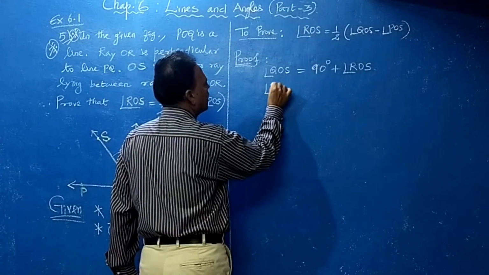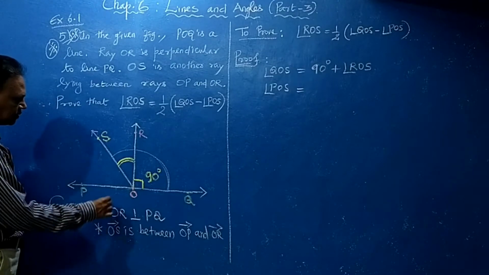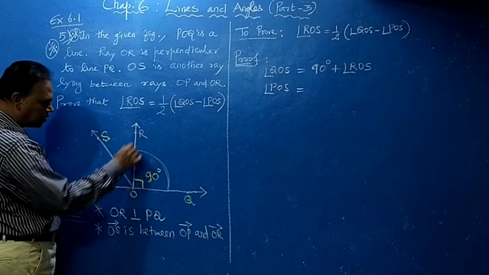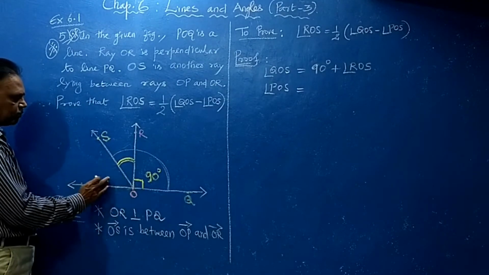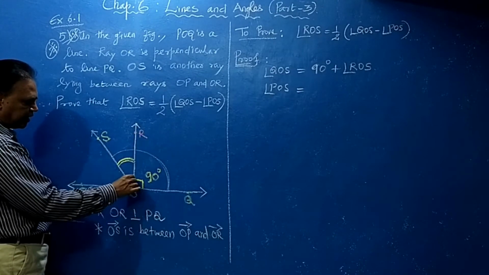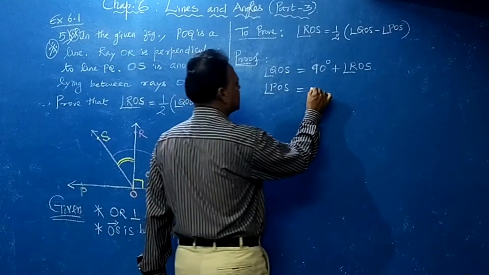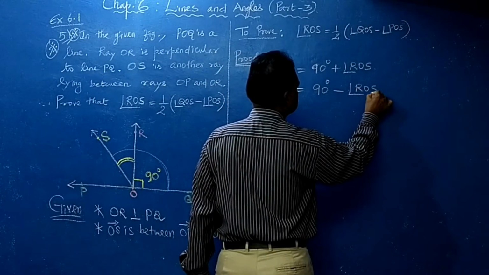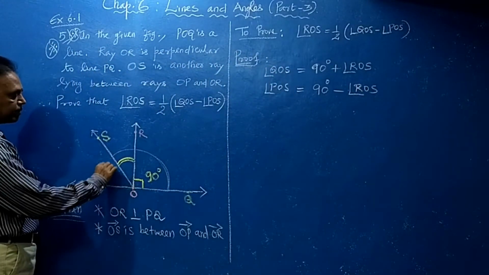Next, what is POS? POS is the full 90 degree, that is POR, minus ROS. So POS is 90 degree minus ROS. Here we used the linear pair axiom.